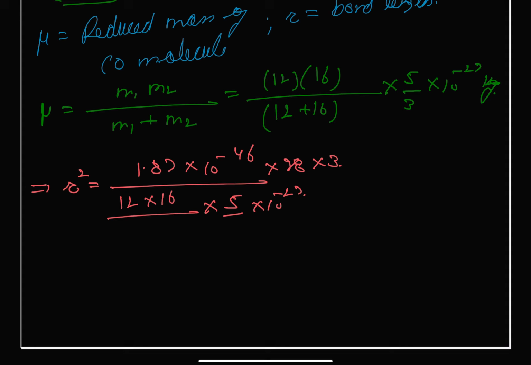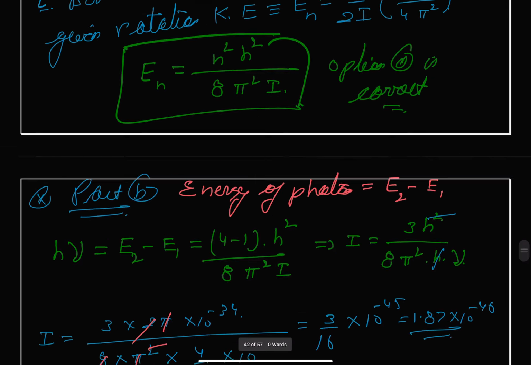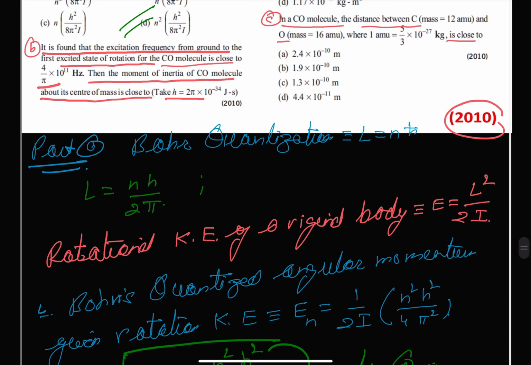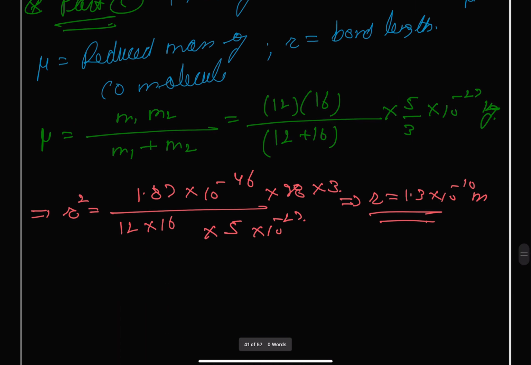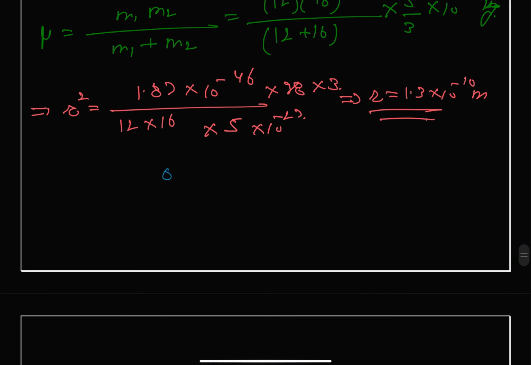So we get from here that the value of R is equal to 1.3 into 10 to the power minus 10 meters. Option C is correct.